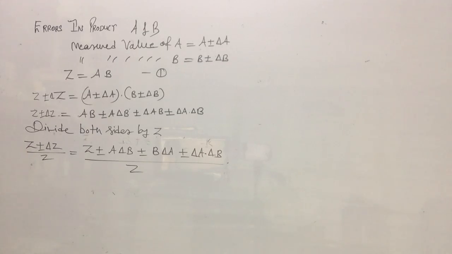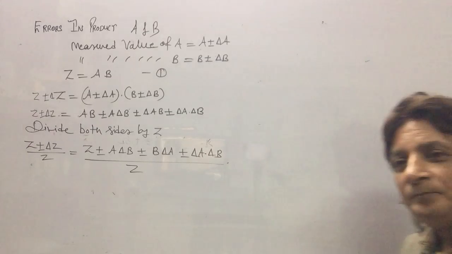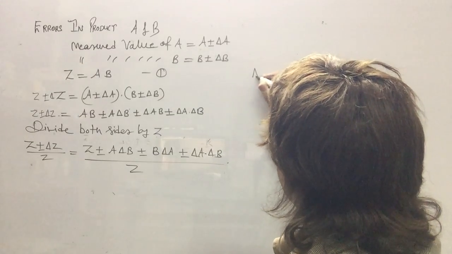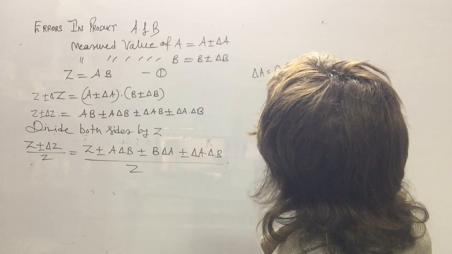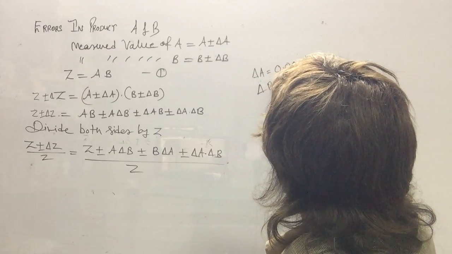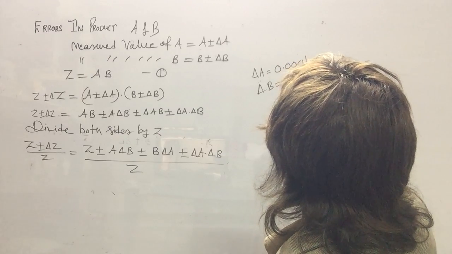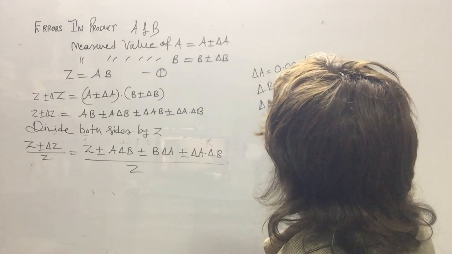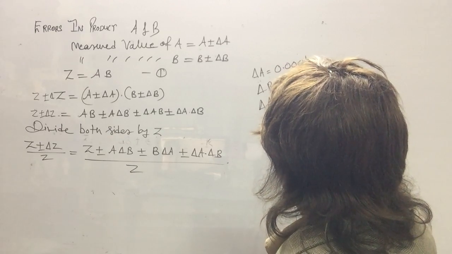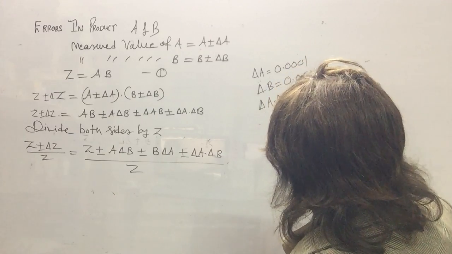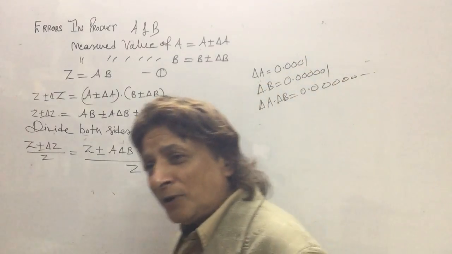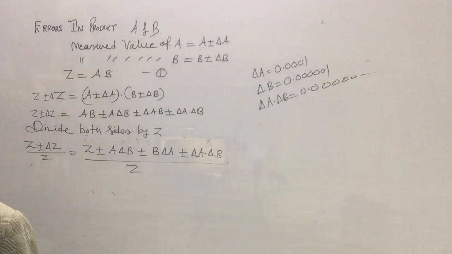Yes, sir. See, if delta A is equal to 0.0001 and delta B is equal to 0.000001, so delta A into delta B will be 0.000000 and then many zeros and 1.